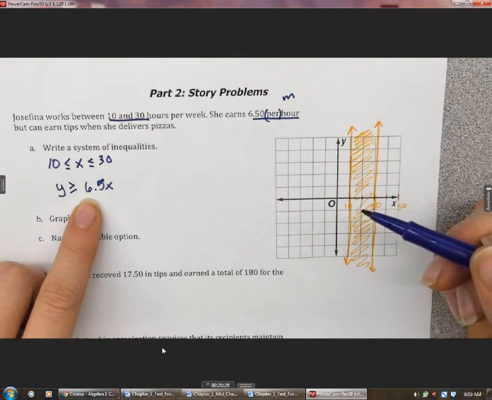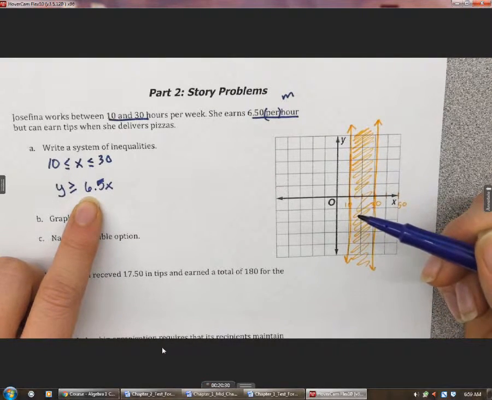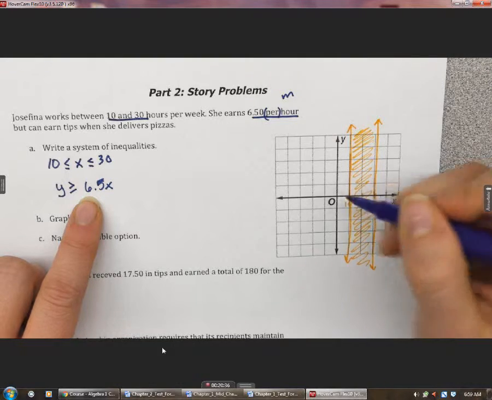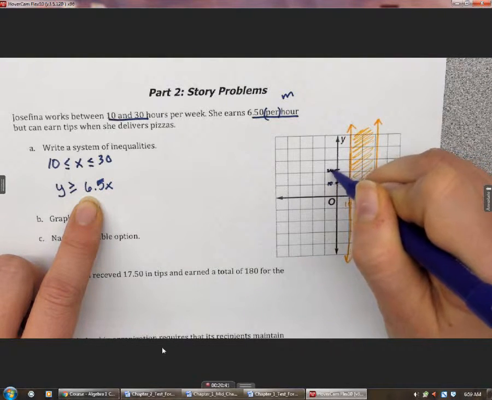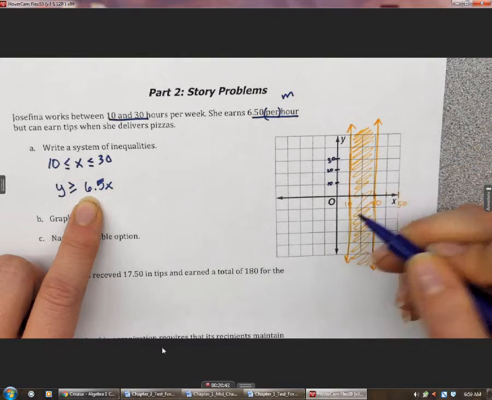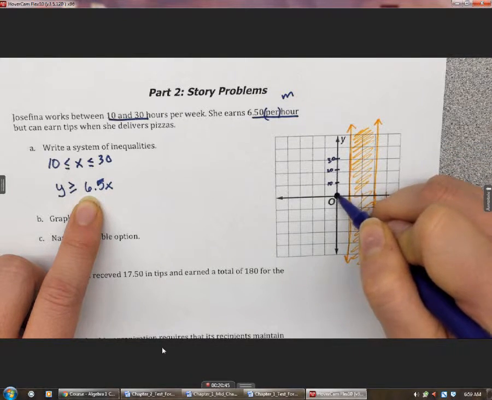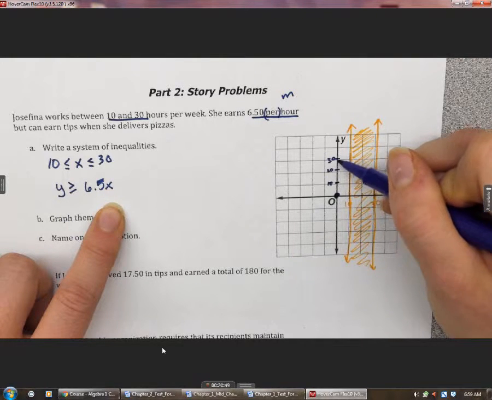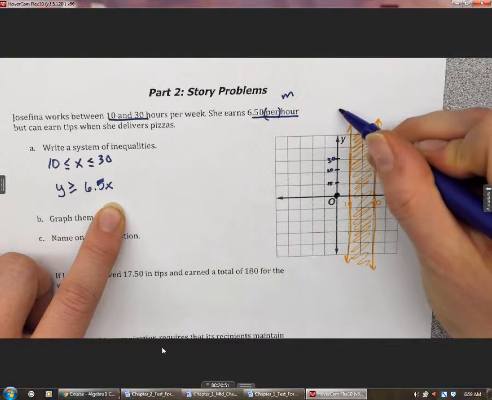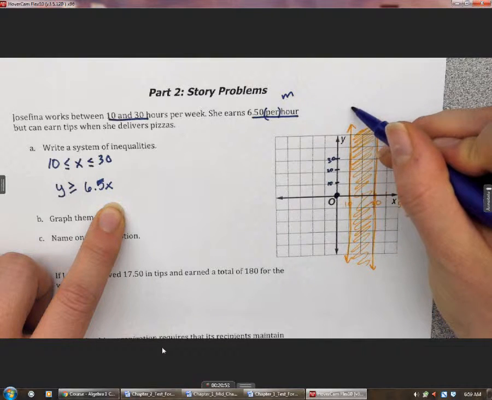And this is really not going to be fun to graph. 6.5x. So I'm going up by tens here. Graphing works the same way. We would start at 0, 0, and then you'd go up 6.5 over 1. So up 1, 2, 3, 4, 5, 6.5 over 1.